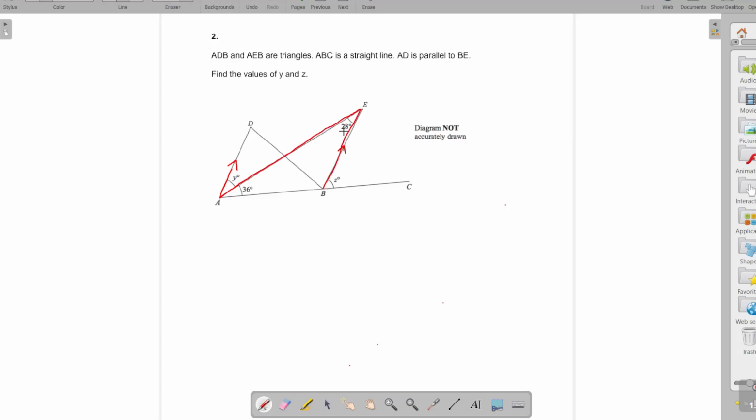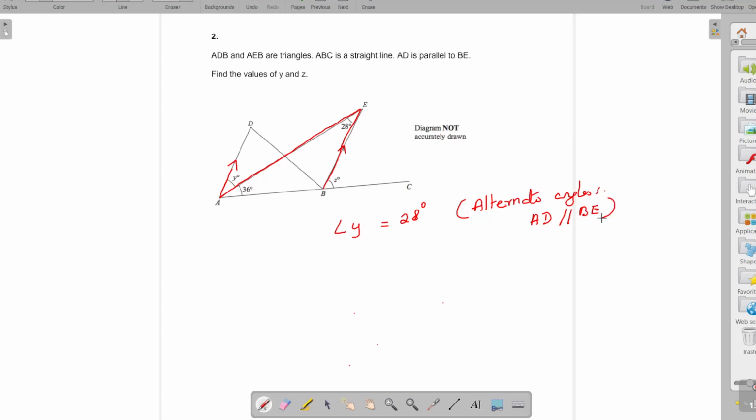Alternate angles are equal because AD is parallel to BE. So angle y is 28 because they are alternate angles. Reason is AD is parallel to BE.